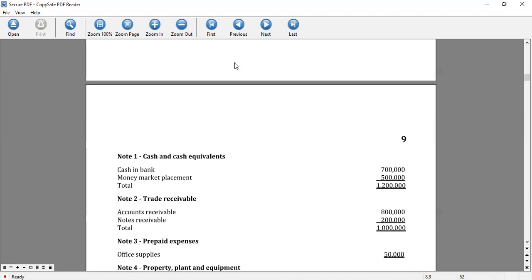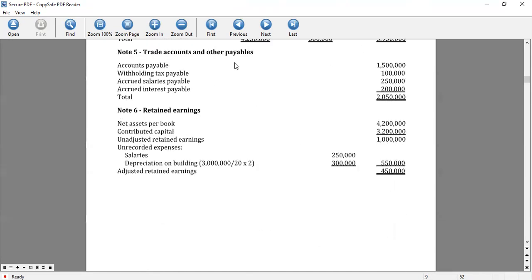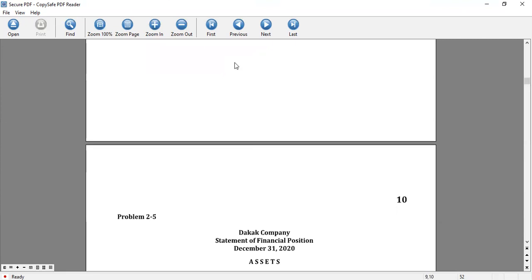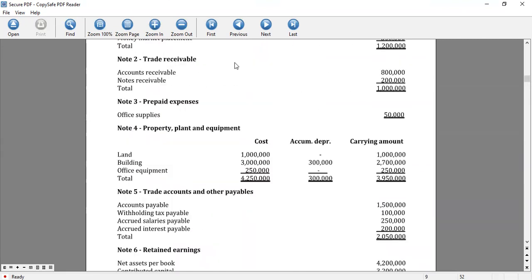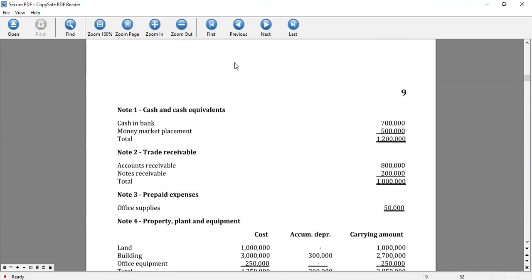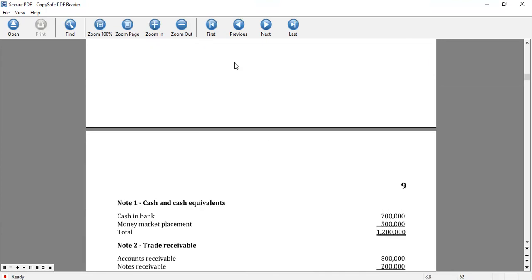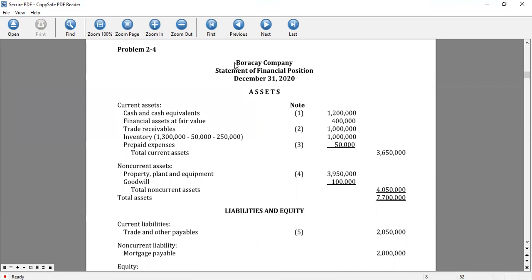Next, for note number 2, note number 1 is cash and cash equivalents. Note number 2, given is accounts receivable of 800,000 and notes receivable of 200,000. The total is 1 million extended to the statement proper.